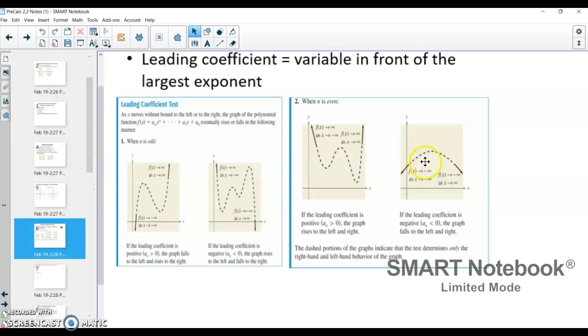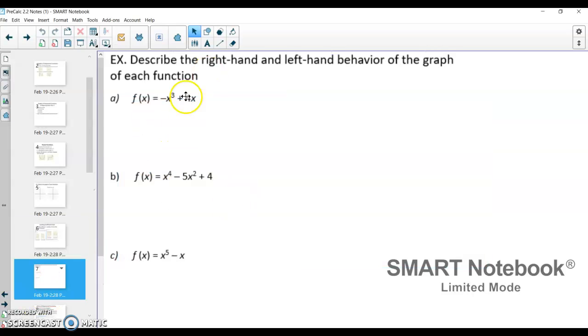Here we see both ends going down, down to the left, down to the right, and that's for even functions with a leading coefficient less than 0, like negative x to the 4th, negative x to the 6th. That's the first step in knowing what these graphs look like: when you're given something with higher degree, you have to do your leading coefficient test.